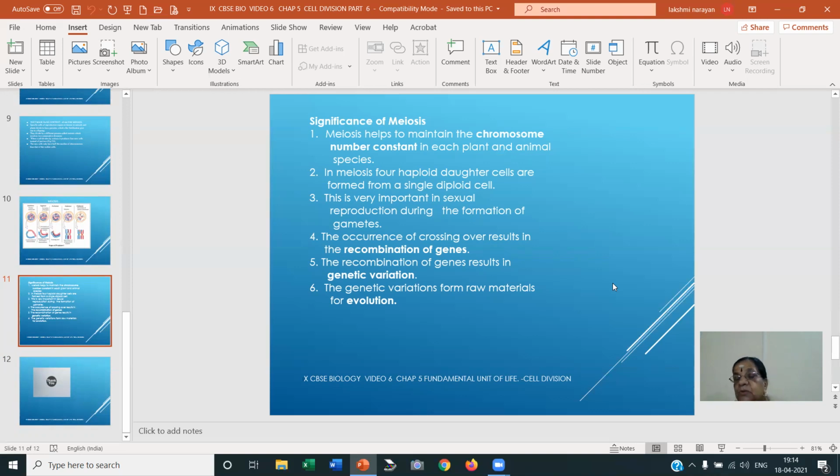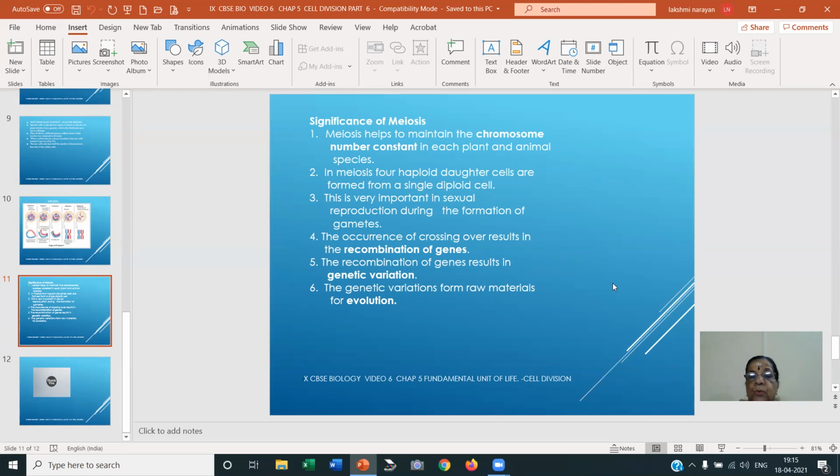The chromosome number, first it is 2n. When it comes to the second meiosis, it is reduced to half, that is n. From the diploid number, the haploid number of chromosomes will be formed during meiosis or reduction division. So meiosis helps to maintain the chromosome number constant in each plant and animal species.